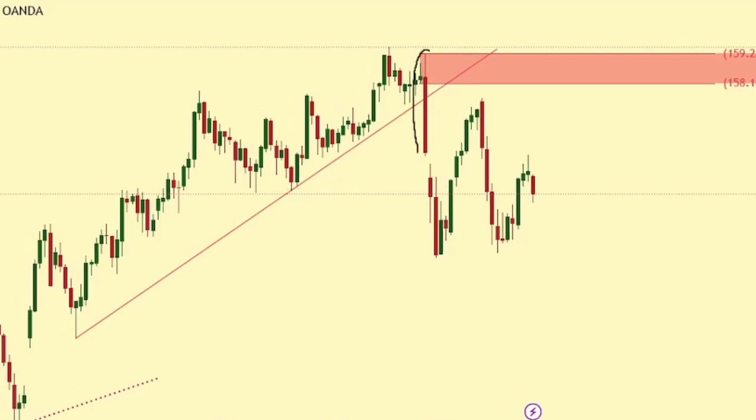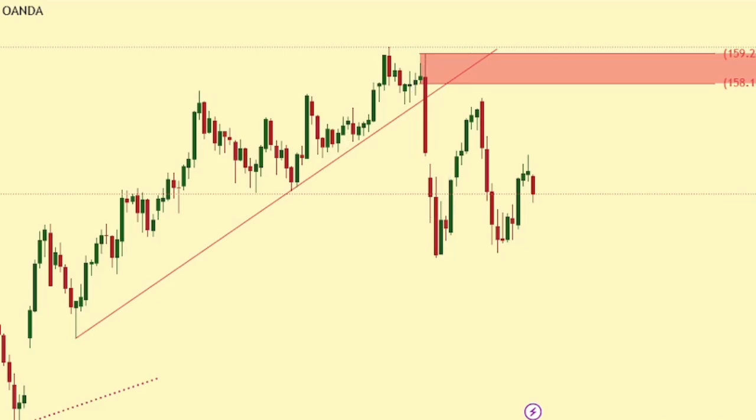See how price leave this area aggressively. No hesitation. Strong candle, trend line gone. That tells me sellers enter with purpose.